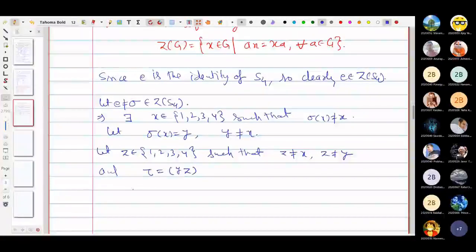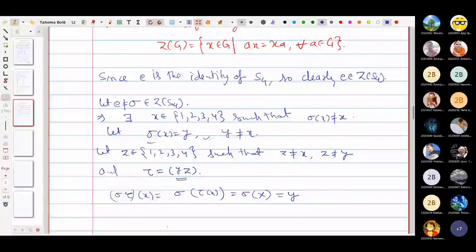So now we will prove that this sigma will not commute with this tau. So when sigma tau is operated on x, we get sigma of tau of x. Because x is not there in tau, x will be fixed. So we have sigma of x, and sigma of x equals y.